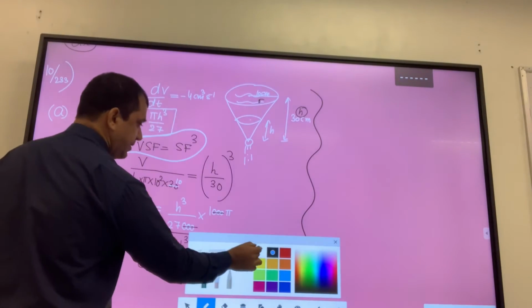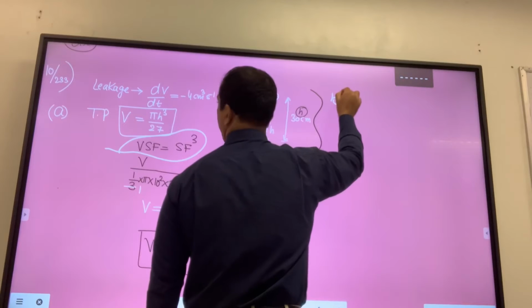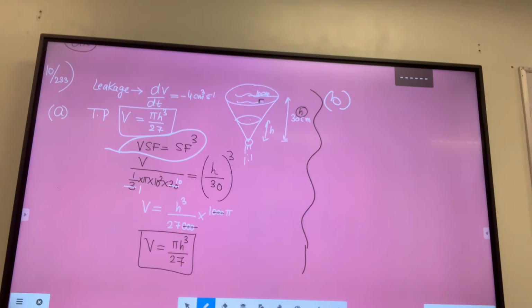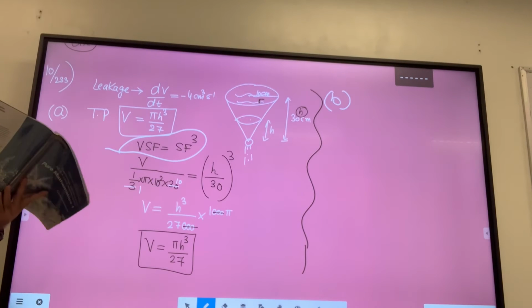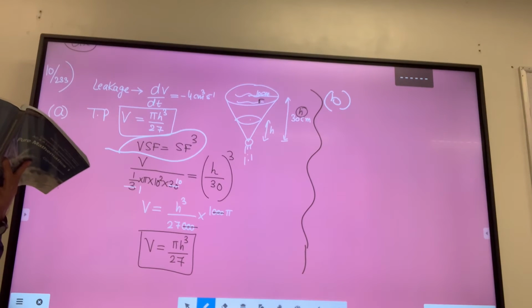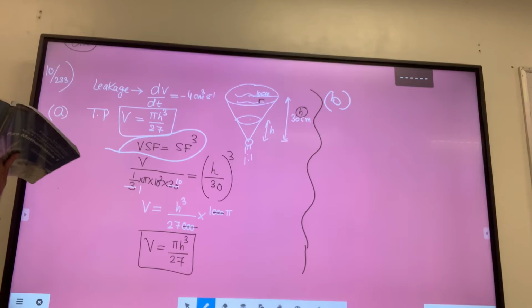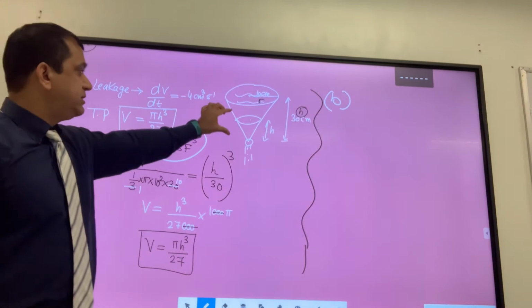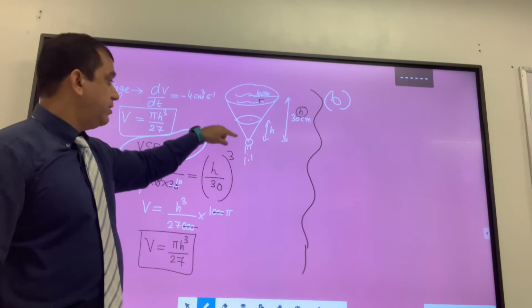So let's solve for B part in this side. What is B part asking? Let's read the question again. In the B part, it is asking to find the rate of change of h when h is 20. See guys, this h is reducing because of leakage.